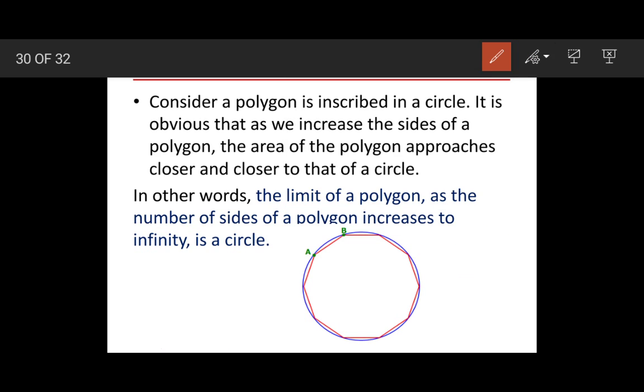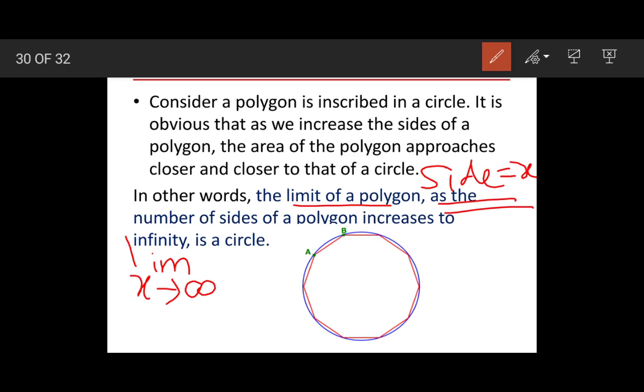This is denoted by limit, L-I-M, x tends to infinity, where x is the number of sides of the polygon. So limit x tends to infinity. When the sides become infinite, the polygon will turn into a circle. Clear?